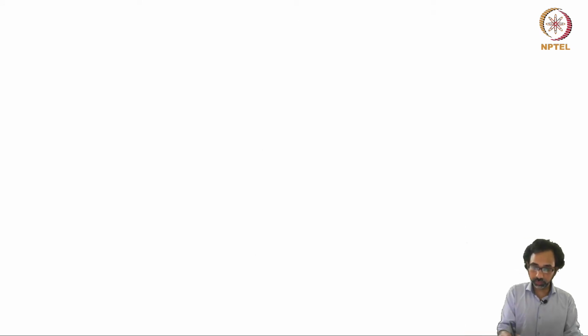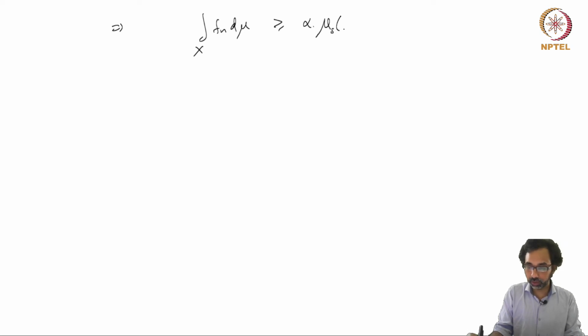So this implies that the integral of f_n d mu is greater than or equal to alpha times mu_s of E_n.